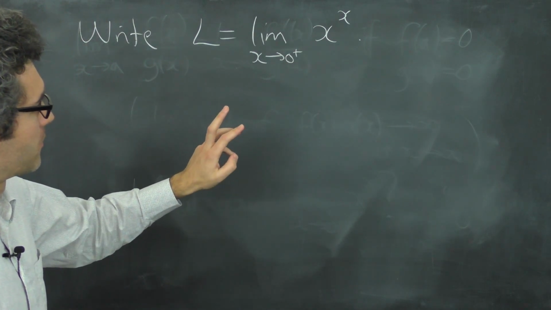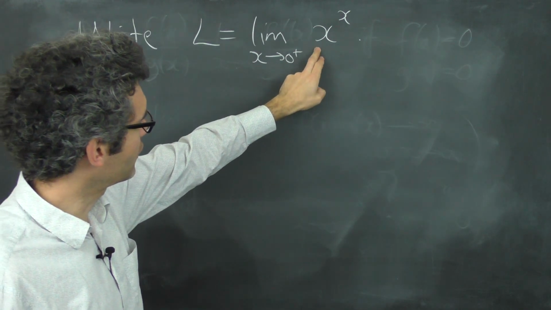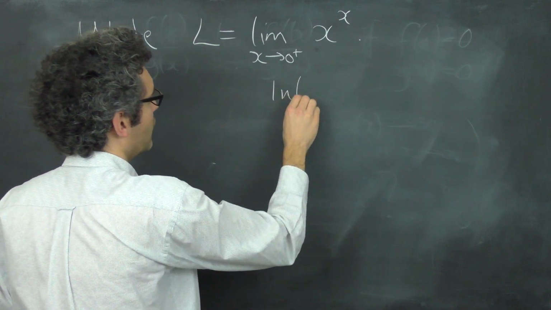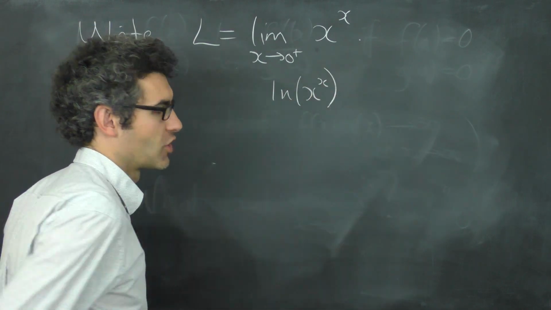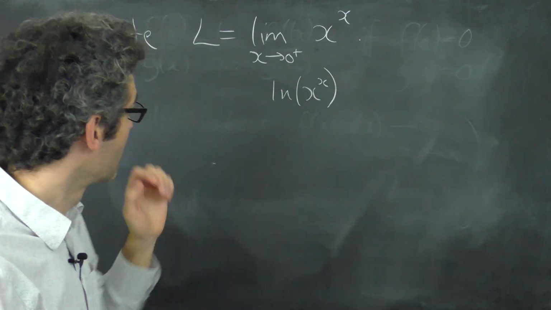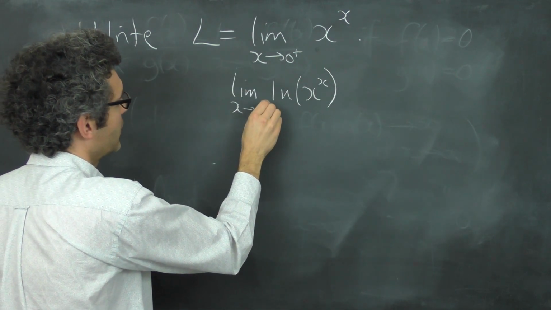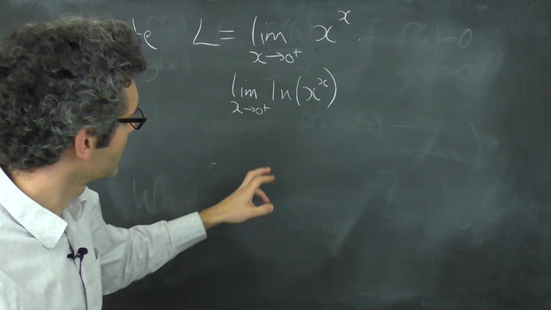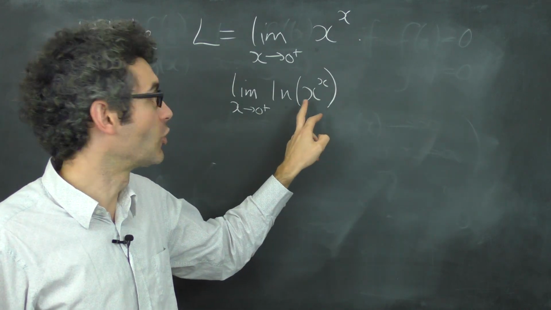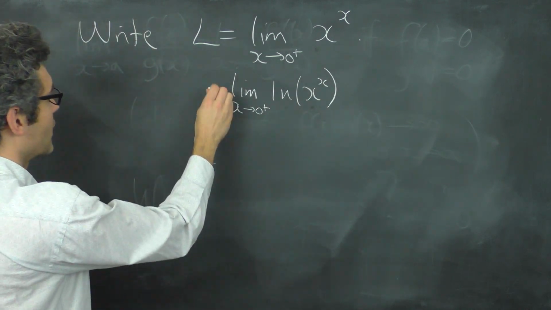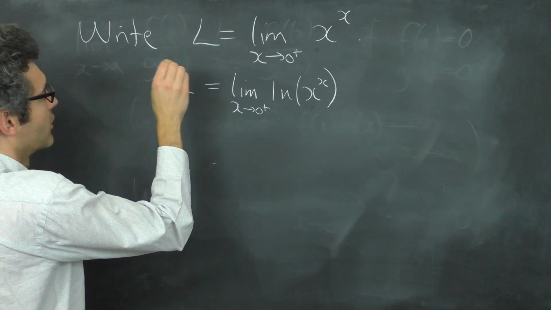Okay, so precisely what do we do? Well, we just look at this function where we have log of x to the x instead of just x to the x. Now, if we think about the limit as x tends to 0 from above of that function, so this is where we take the logs of all the values here, then of course the limit will be log of this number L.